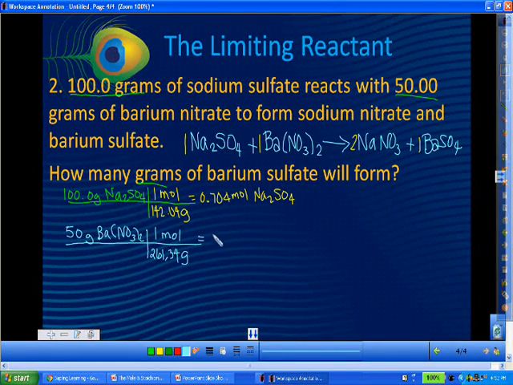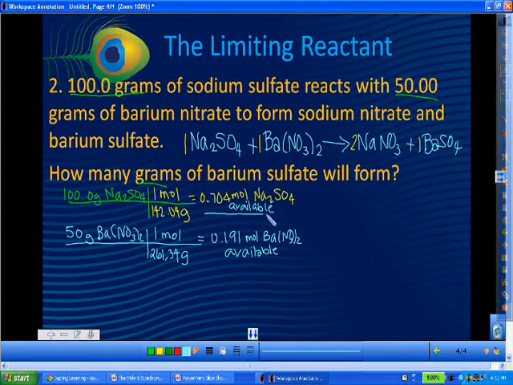So this comes to 0.191 moles of barium nitrate available. And remember here, this is the number of moles of sodium sulfate available.